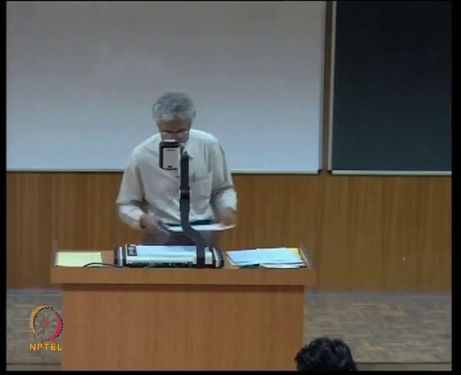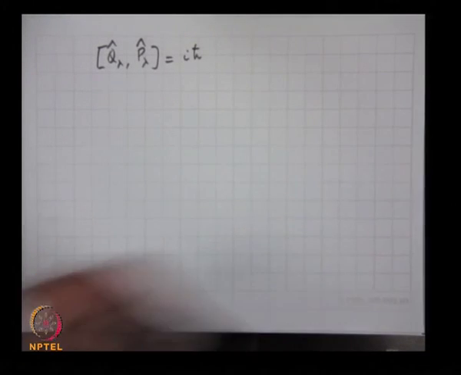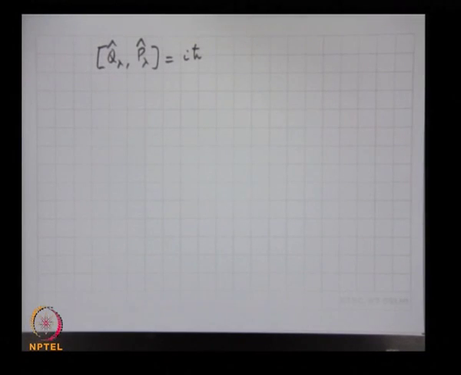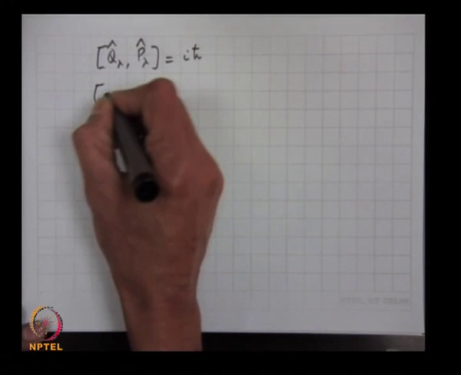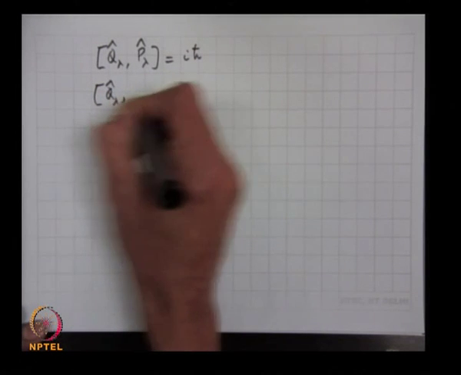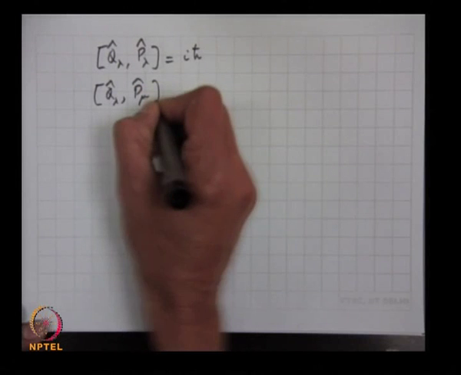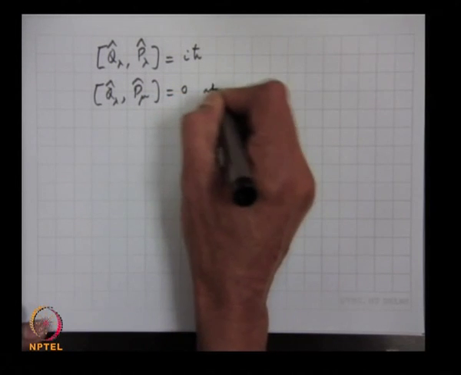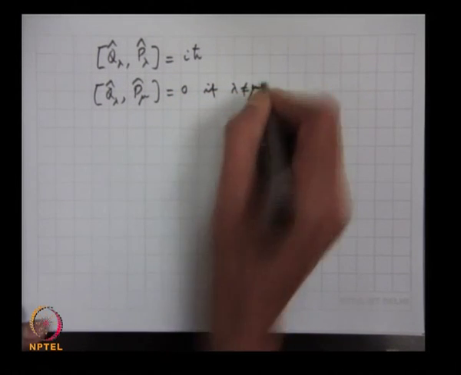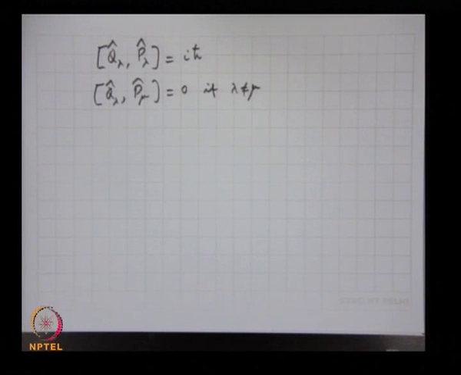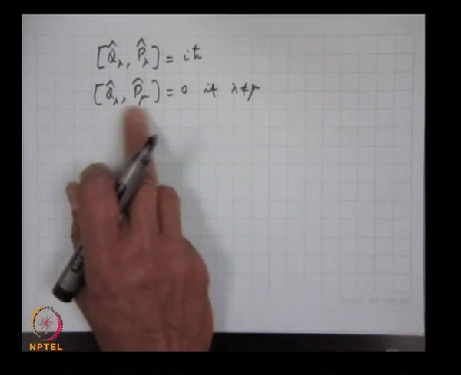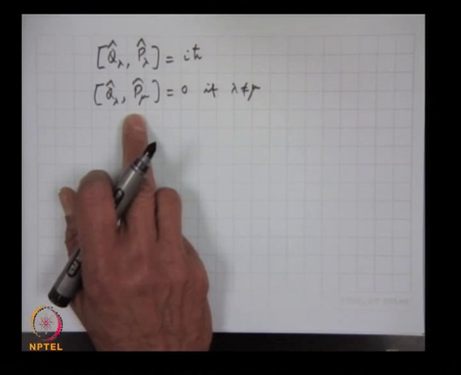When I write this equation, I have actually quantized, and because I know that these modes are independent, Q lambda P mu is equal to 0 if lambda is not equal to mu. They commute. The Q operator and P operator corresponding to two different modes commute with each other.